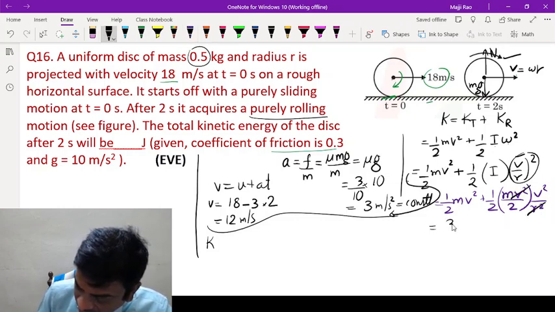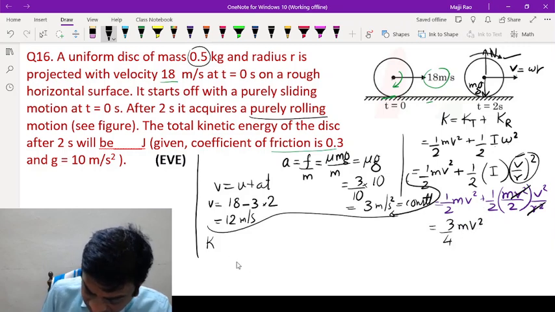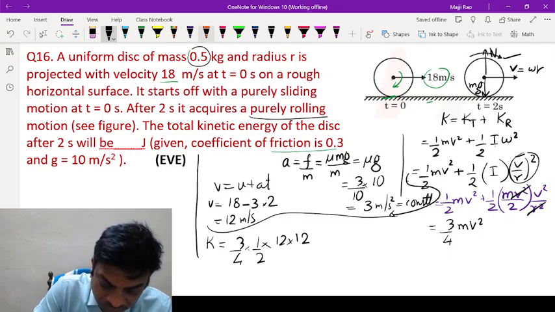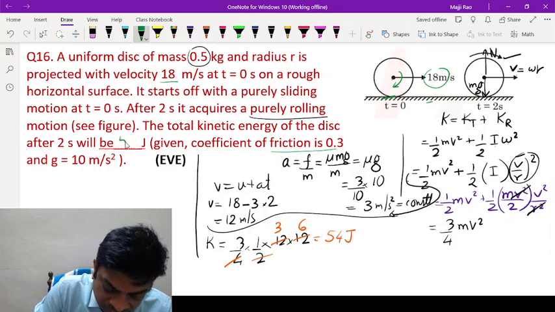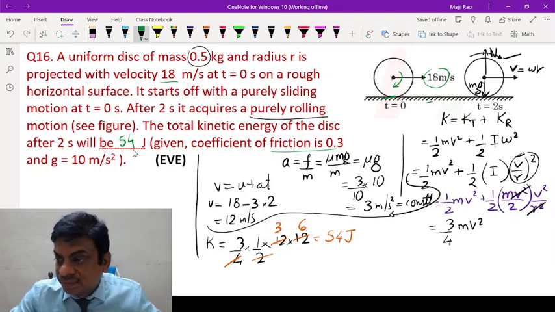So this will be mv square times half plus 1 by 4, which is 3 by 4 mv square. So 3 by 4, mass is half, speed is 12 into 12. So finally we have 4 threes are 12, so 54 joule is the answer. 54 joule is the correct answer.